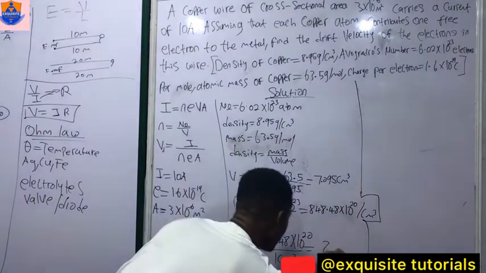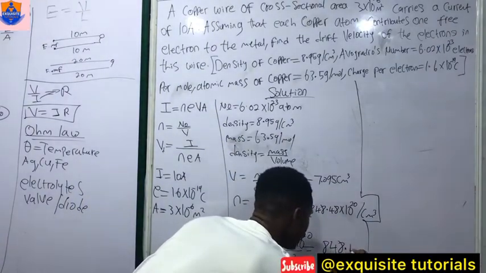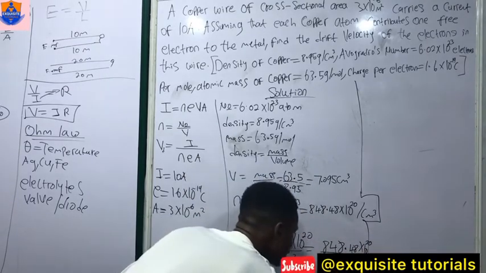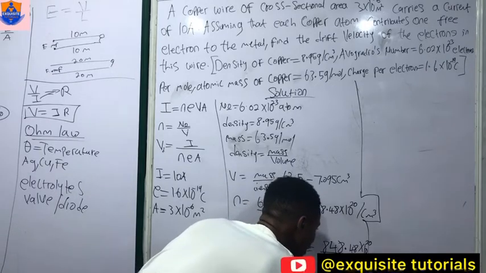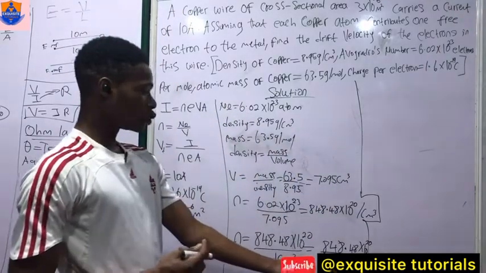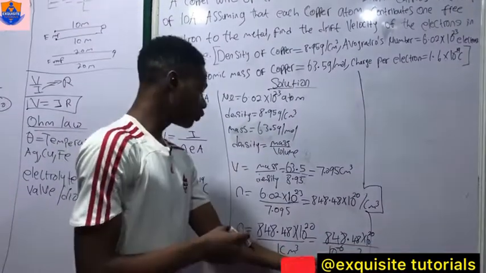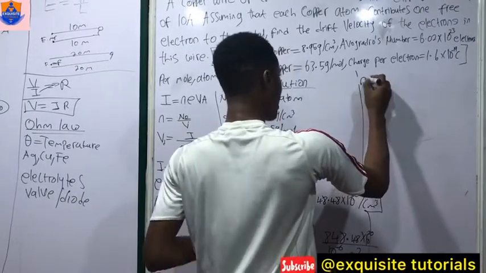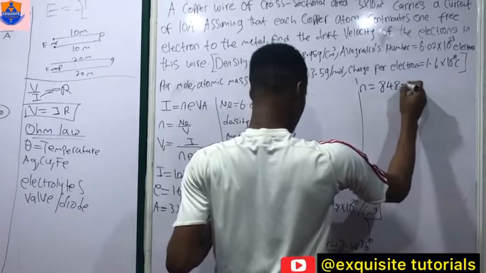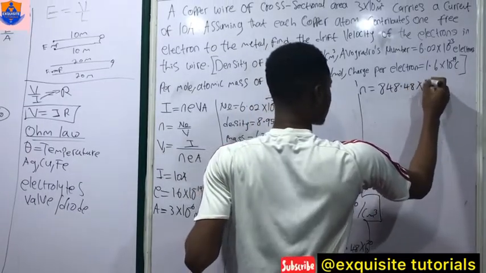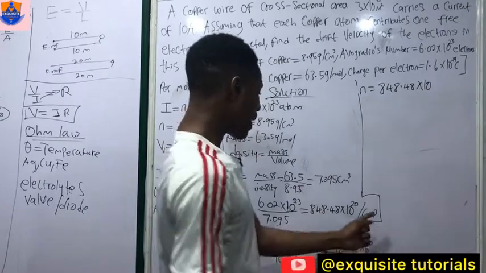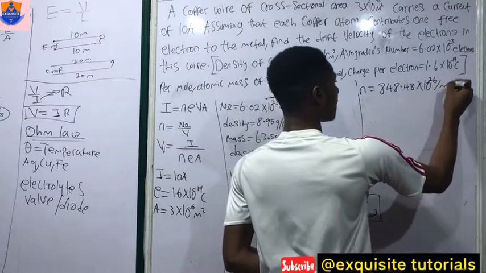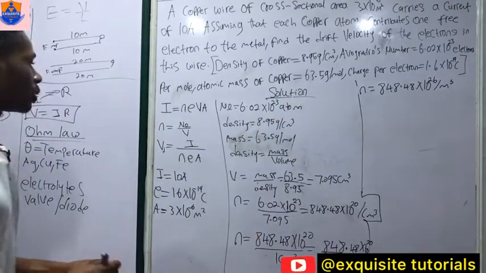Therefore, I will have 848.48 times 10 to the power of 20 divided by 10 to the power of minus 6 meter cube. This is because 10 to the power of minus 2 times 10 to the power of minus 2 three times will give you 10 to the power of minus 6. Okay, and then we have N as 848.48 times 10 to the power of 26 per meter cube.